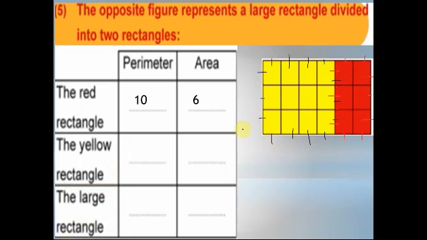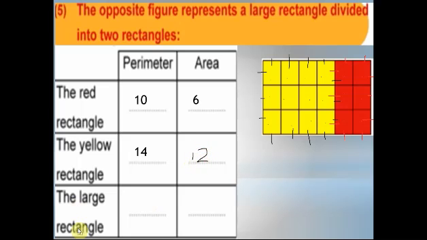So the perimeter for the yellow rectangle equals 14. What about the area? We will count the inner units. 1, 2, 3, up to 12. So the area here is 12.